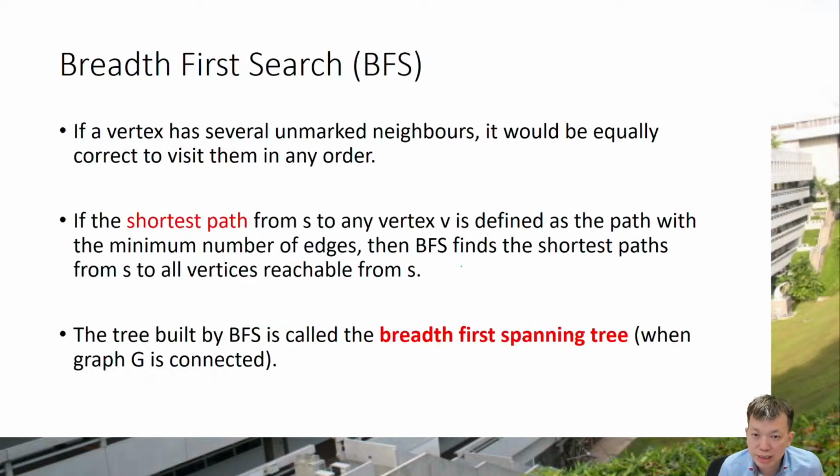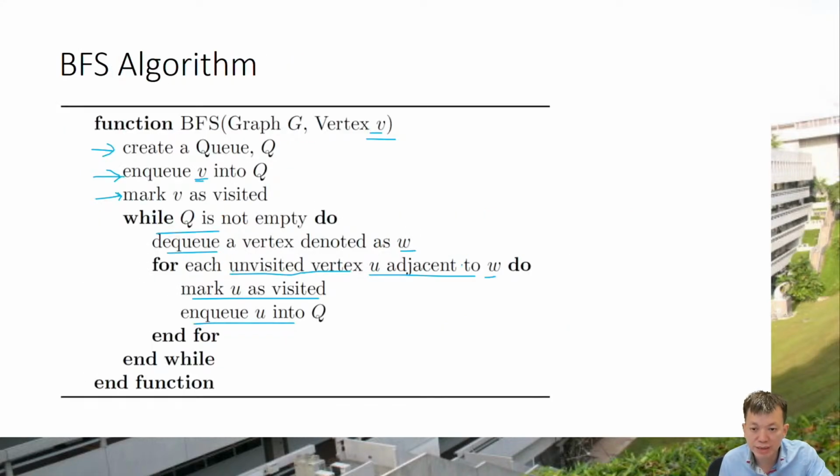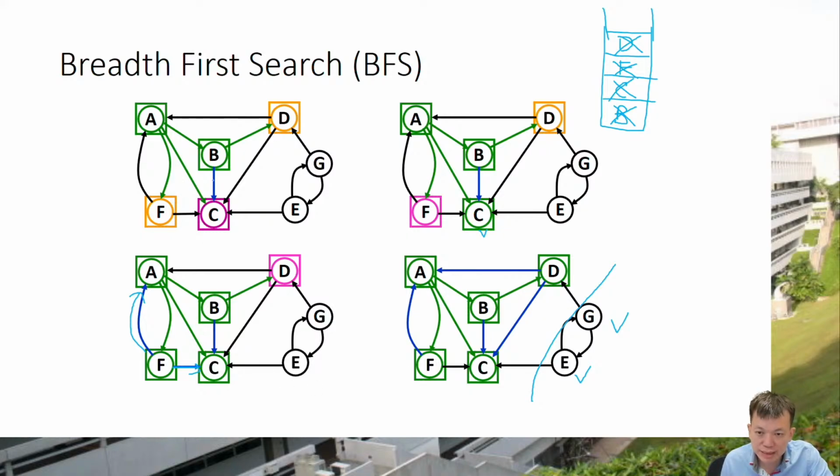Just nice, today I think I can cover the depth-first search. If a vertex has several unmarked neighbors, it is equally correct to visit any of them. Like I mentioned, B, C, F: you can visit this one first, or this one first. There's no right or wrong.